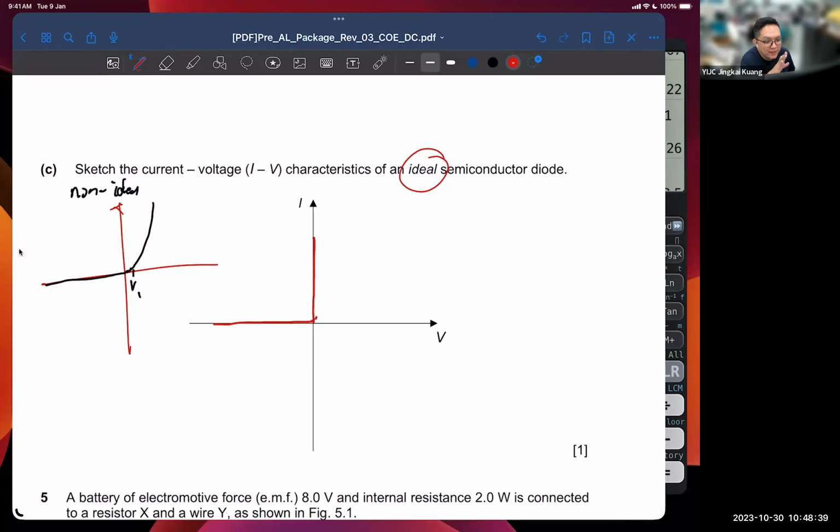There's no need to have a little bit of potential difference to trigger it, it just goes straight up.